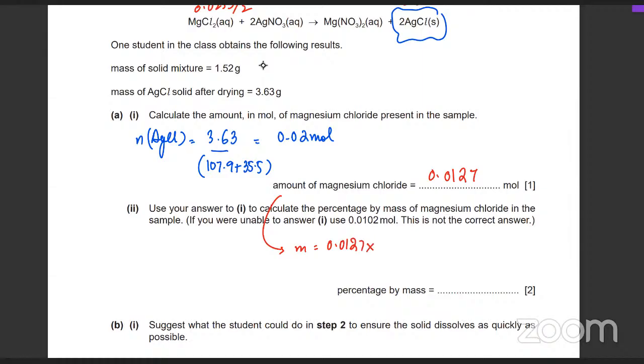What is MgCl2? That's 24.3, I think, for Mg, and Cl is 35.5 times 2. So what do we get?